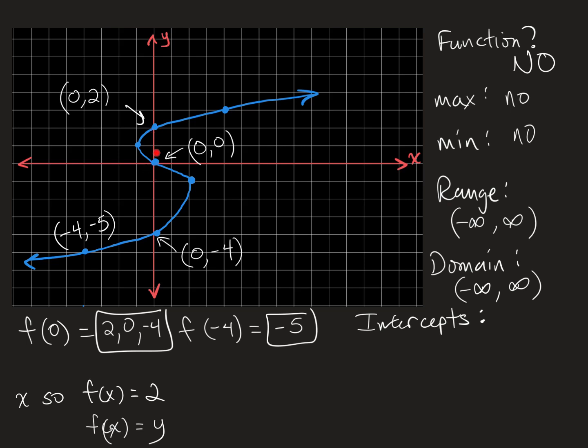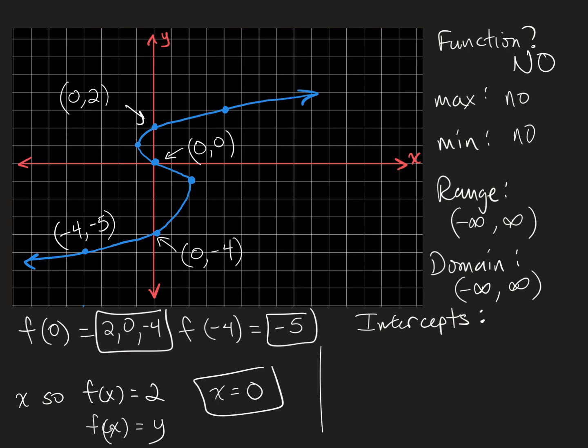So that means basically you want to go up to the 2 on the y-axis and see where the graph crosses that. All of these points on this horizontal line have a y value of 2. Thankfully, we already have that point listed right there. So the answer here would be x equals 0.